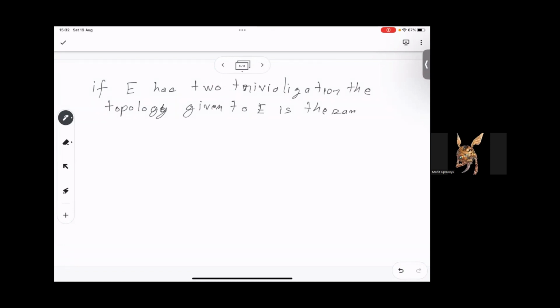I won't prove this, but the point is that if E was isomorphic to trivial bundles two ways, that doesn't quite matter. The topology E will get is the same, and that's more than enough for us. So at least the topology we have gotten is well defined. That's what we're really going for.